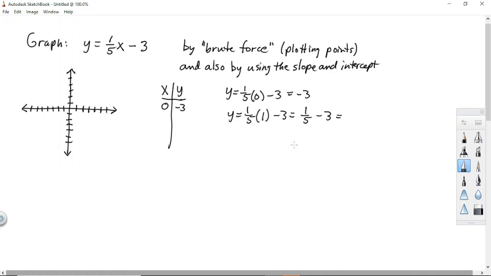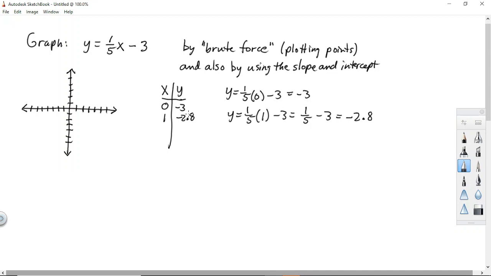And next time maybe I'll have a calculator on the screen so you can watch the keystrokes. So we got negative 2.8. So that's our next point. When we put in a 1 for x, we get negative 2.8.